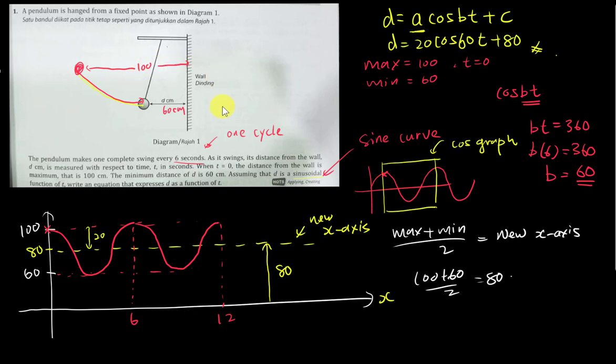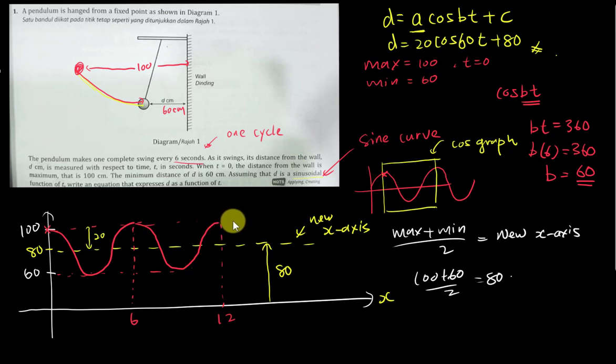This is what they're trying to say. So they record down the maximum at 100. That means they pull this up to 100, start from here, and let go of the pendulum, and it will record down each time they swing, and the recorded data forms the shape of the cos graph. So yeah, this is what happens.